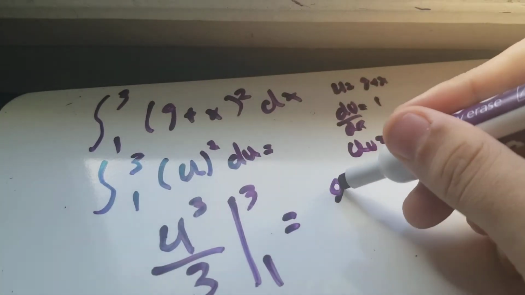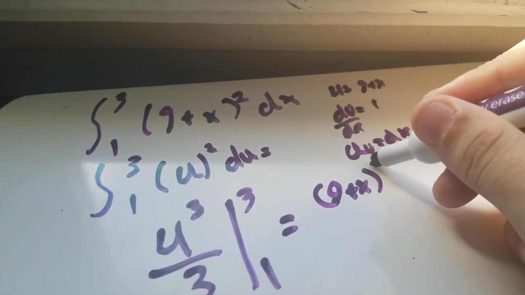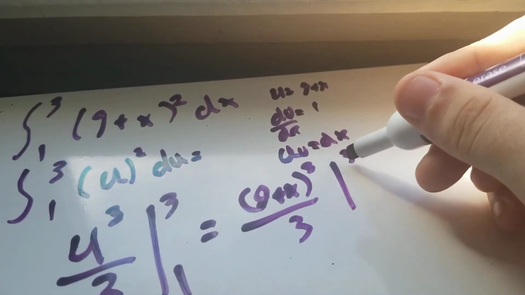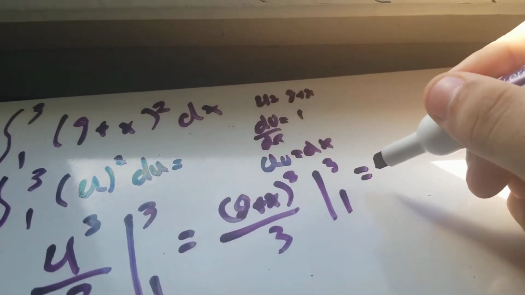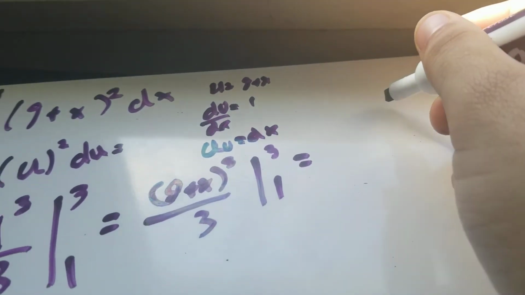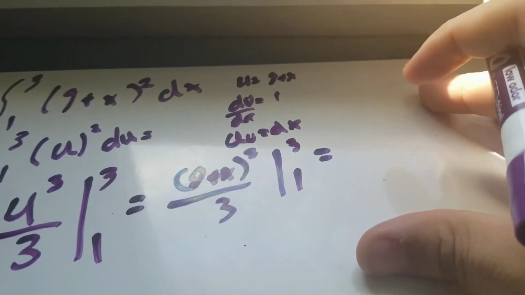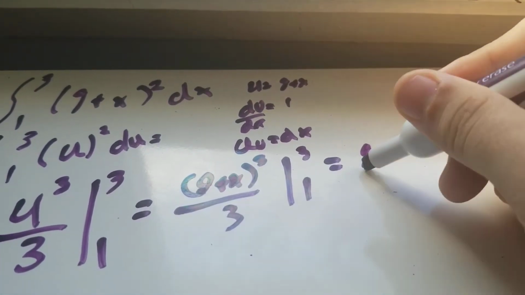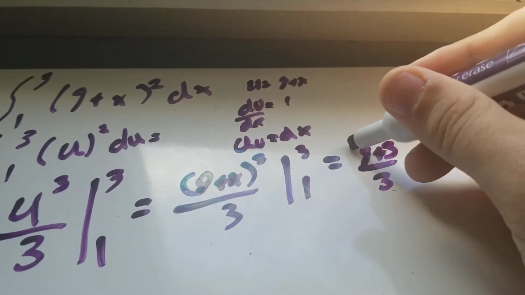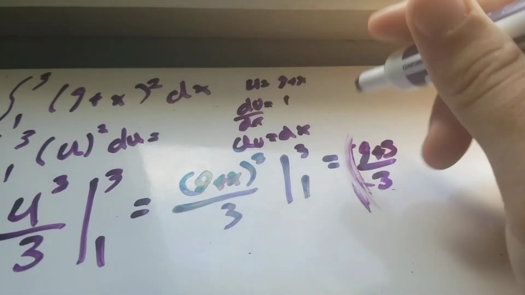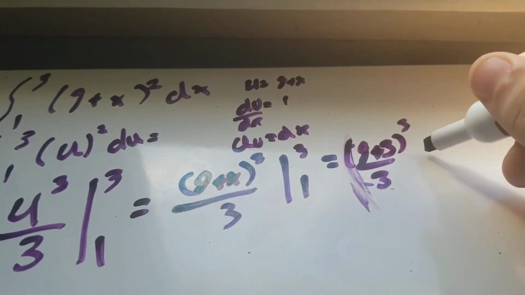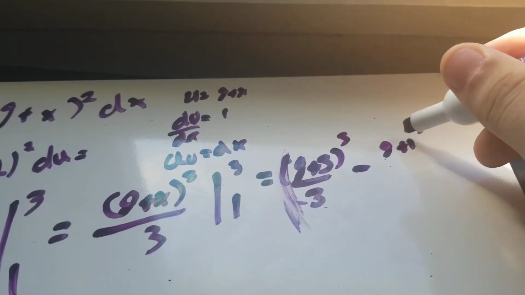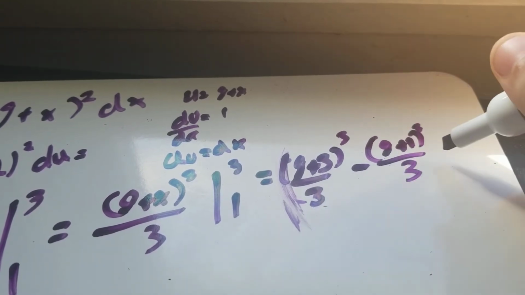So that's 9 plus x to the 3rd power over 3 from 3 to 1. So 9 plus 3 to the 3rd power over 3, minus 9 plus 1 to the 3rd power over 3.